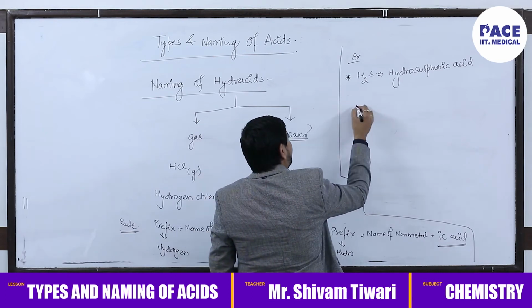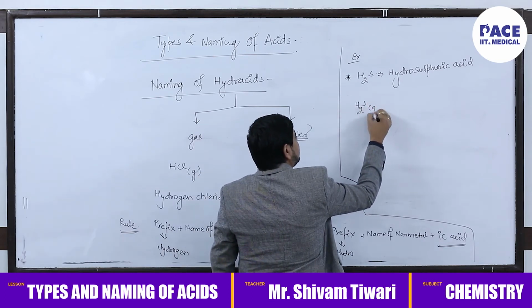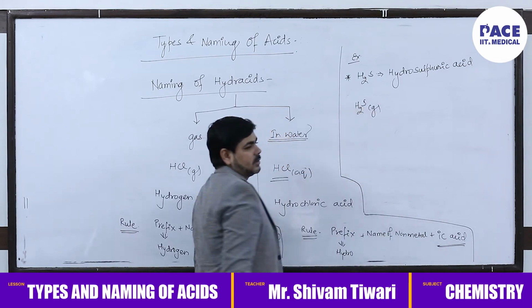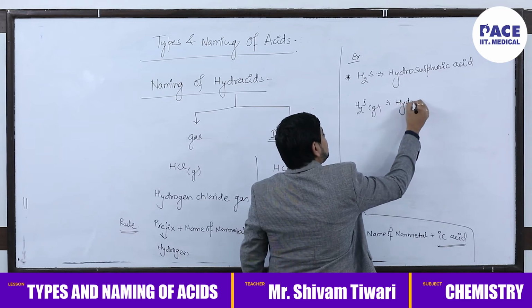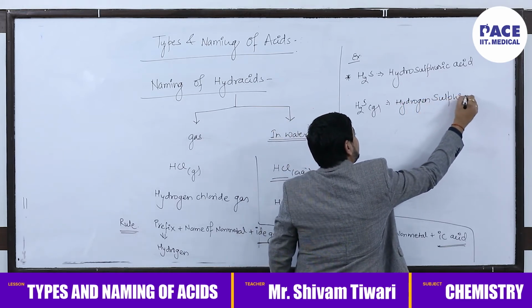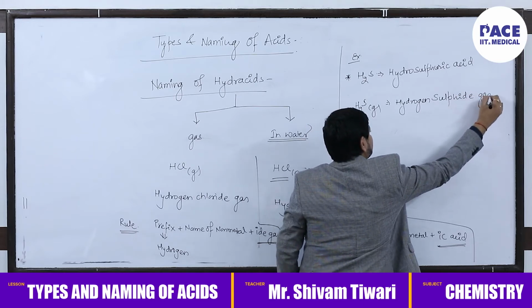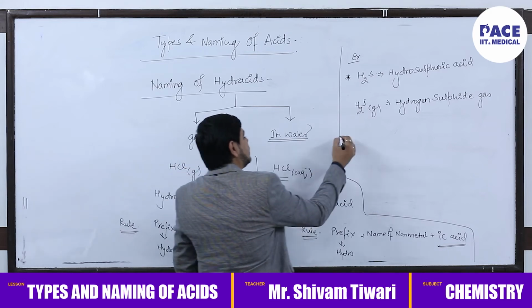If we have to write the name as gas, H2S(g), the name is going to be hydrogen sulfide gas. Okay, we'll write some more examples.